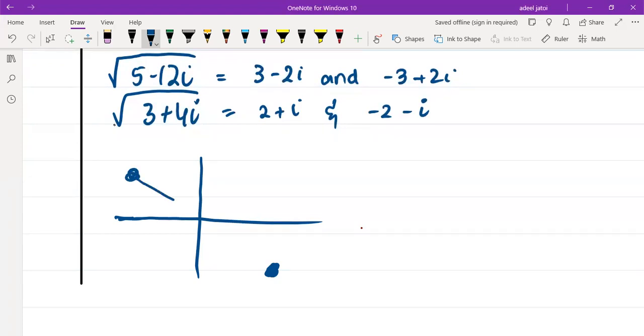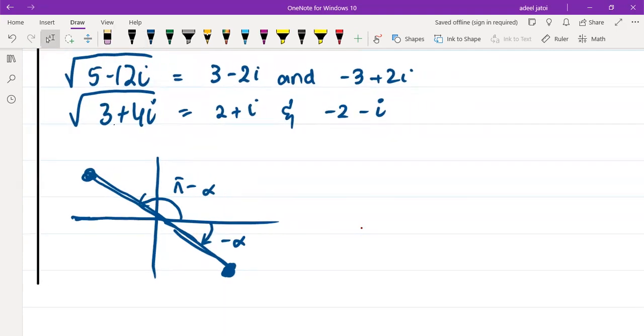Whenever you are solving the square root of a complex number, the roots will always be diagonal, which means if I need to find the angle, this one gives me minus alpha, whereas the other gives me pi minus alpha, for every square root. If we have the second one, the answer is 2 plus iota here and minus 2 minus iota here. If it's in the first quadrant, the conjugate of this will come in the third quadrant.